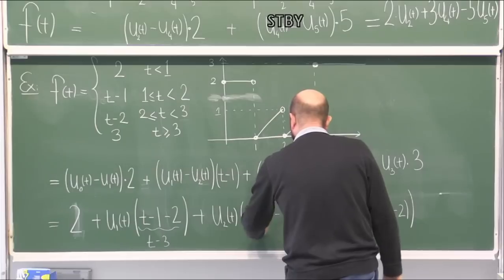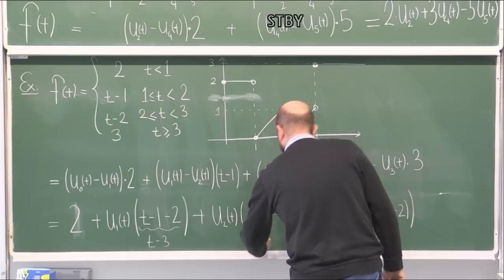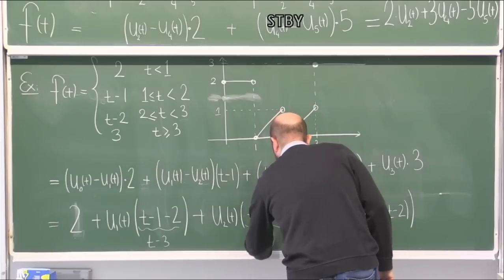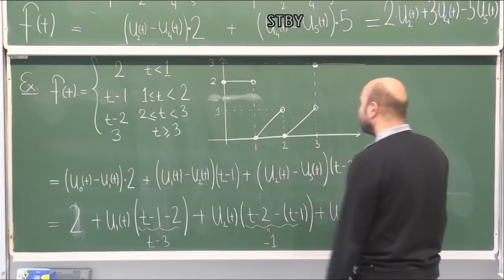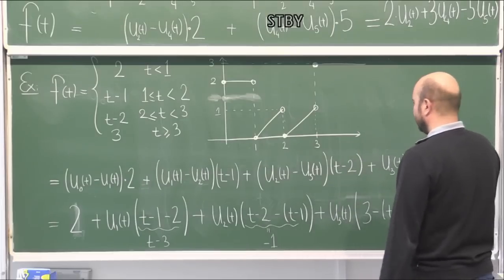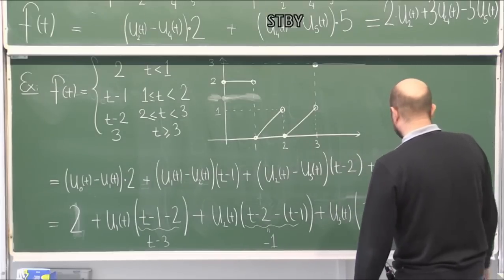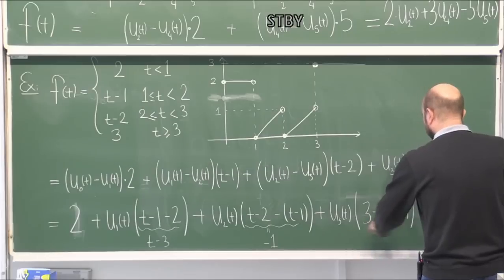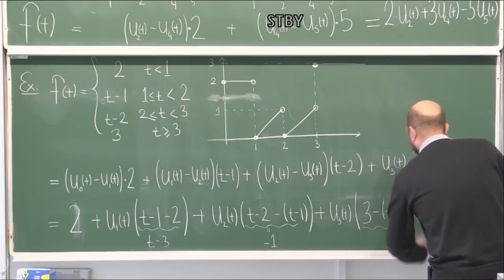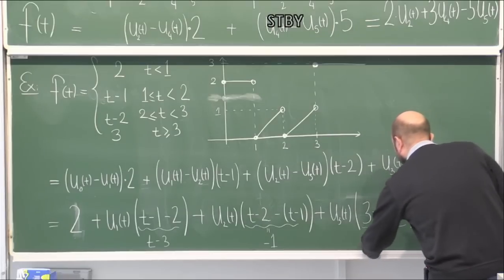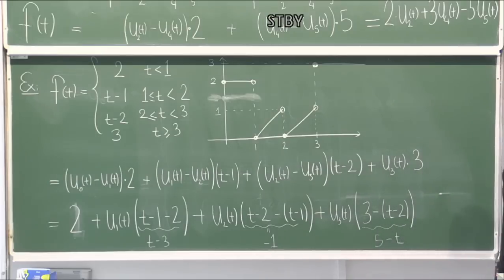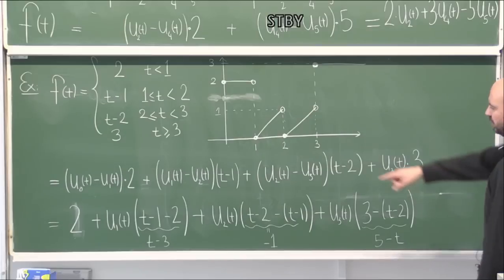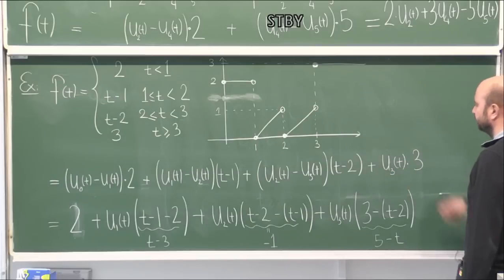We have negative, so this is plus, so we have here -1. Okay. And here we have 5 minus t. All right, so this is what we got now.